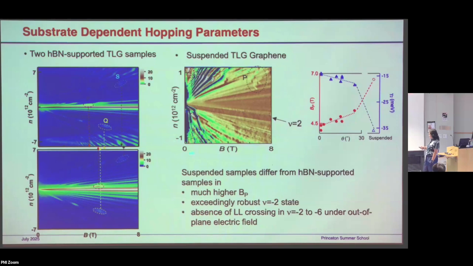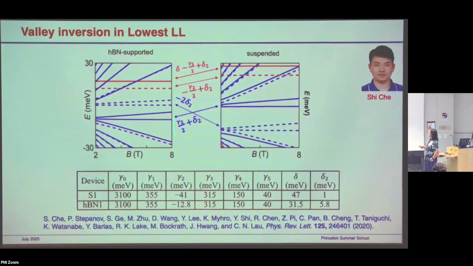So the band structure in suspended samples and substrate-supported samples is qualitatively different. And for substrate-supported, hBN-supported samples, the details of the band structure depend on the angle between the graphene and hBN, even at large angle.